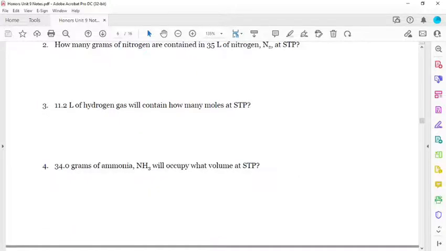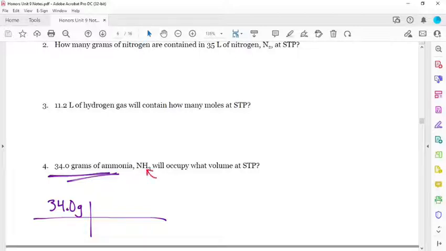And the way that this is different is because it gives me grams. So automatically your first instincts should be that we have to turn these grams of ammonia into moles. And just like what we were doing back in unit 8 and unit 6, grams to moles, I just need to add up the molar mass of this NH3, which ends up being 17.031 grams per mole.